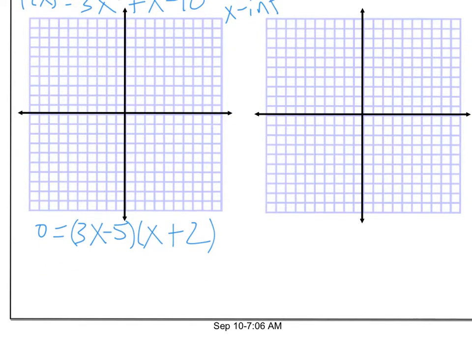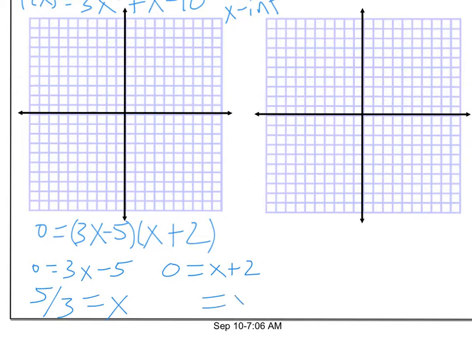Once we do that, what it sets us up for is we can take both of these factors and solve them separately. If I add 5 and divide by 3, x equals 5/3, and then x equals -2 would be the other.